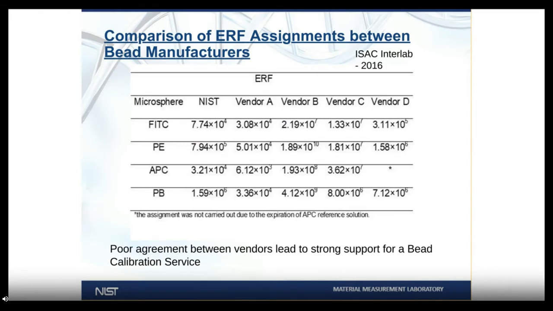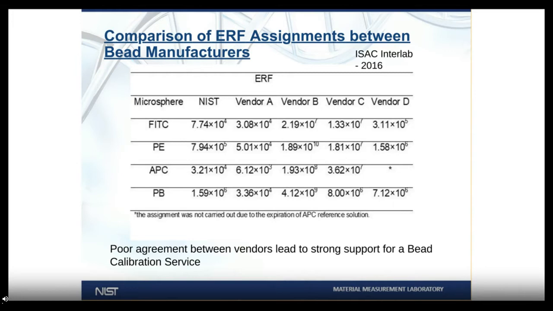So why did NIST decide to do these ERF assignments, this absolute fluorescence intensity assignment scale in the first place? And this goes back to an interlaboratory study that was done through ISAC, the International Society for the Advancement of Cytometry, back in 2016. And so NIST and 4 different calibration bead vendors each did independent ERF assignments using the same beads and the same reference fluorophores that are used to do the ERF assignment.